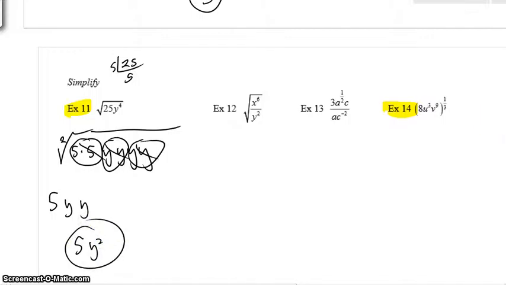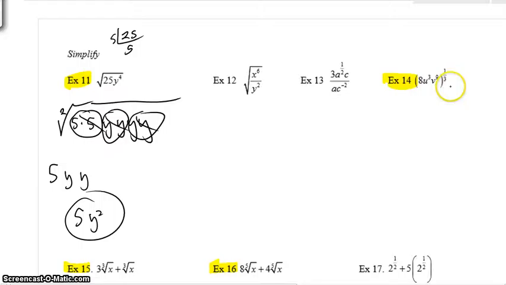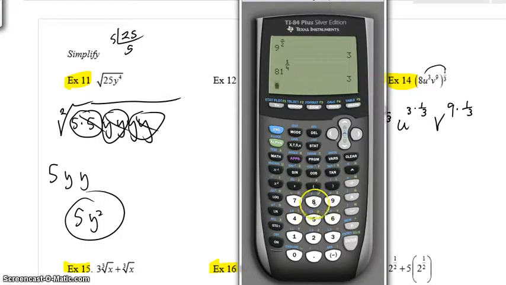As we look at number 14, we're going to apply a 1/3 power everywhere. This is 8 to the 1/3. Powers raised to powers, we're going to multiply that together. So it's 3 times 1/3. This is 9 times 1/3. And once again, we could real quickly type in 8, raise it up to that 1/3 power.